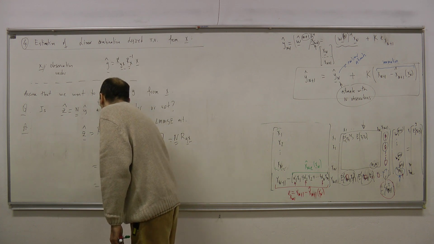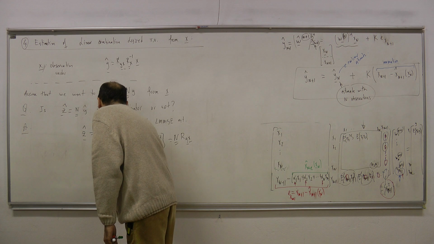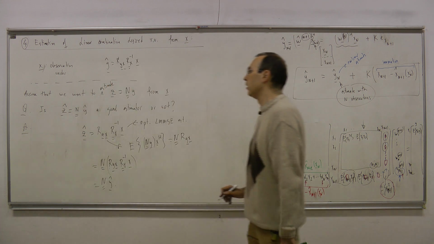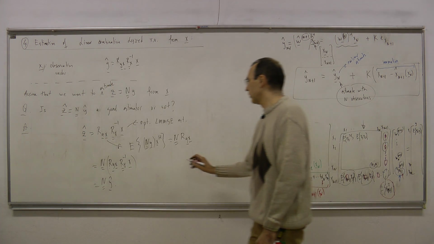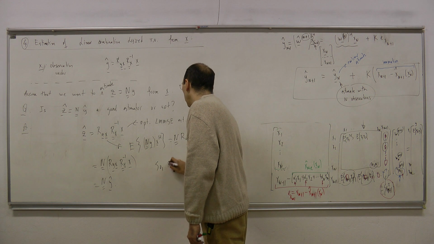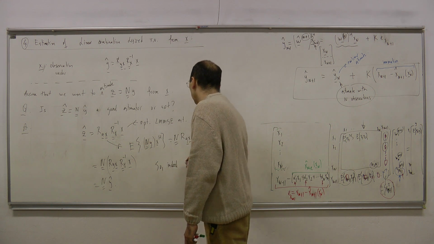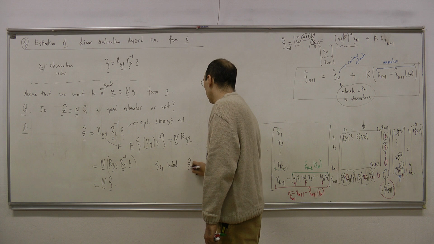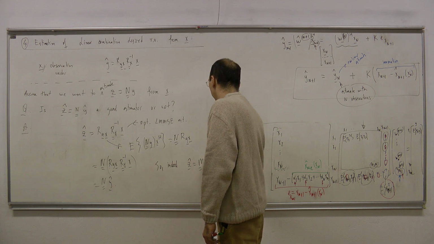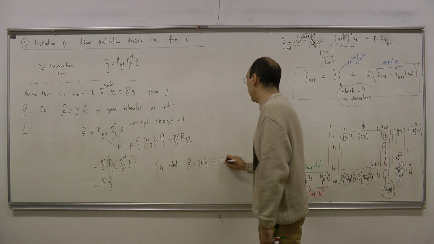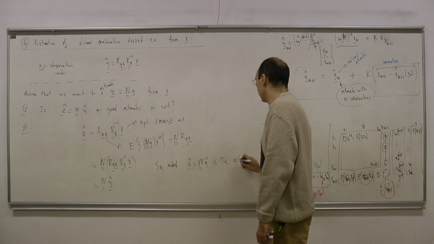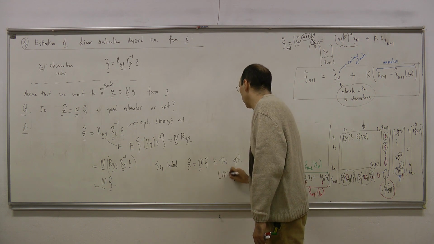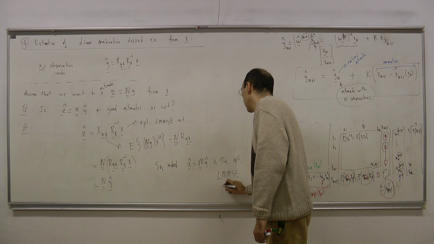But this is N times y hat. Okay. So indeed, N times y hat is the optimal linear minimum mean square error estimator.